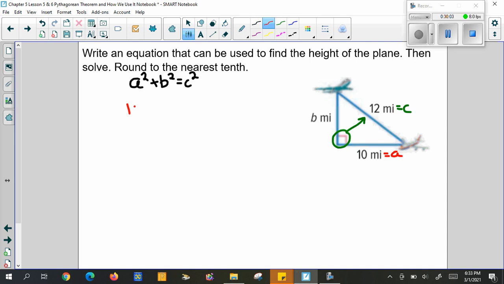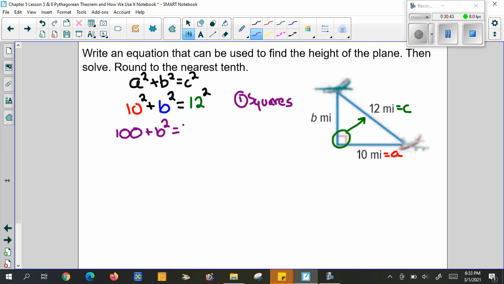a squared becomes 10 squared. Well, we don't know what b is, so it stays b squared. c squared becomes 12 squared. To solve, we start with the squares. 10 squared is 100. We don't know b.